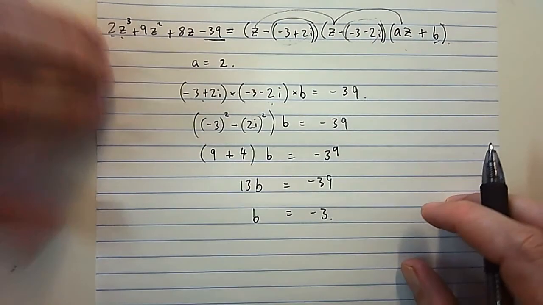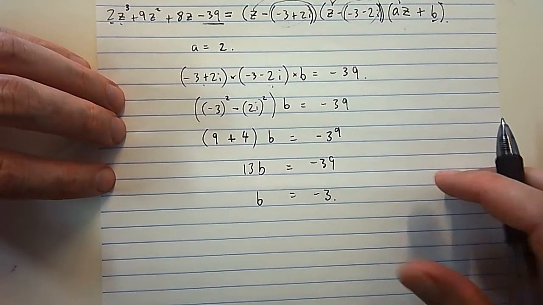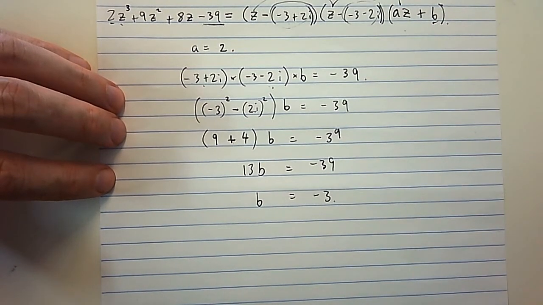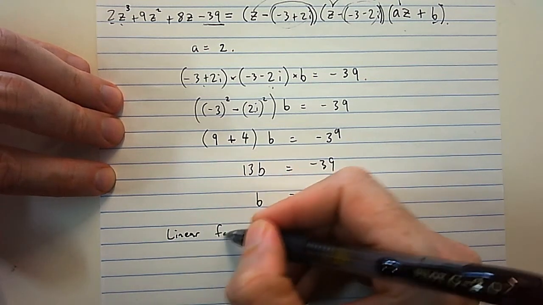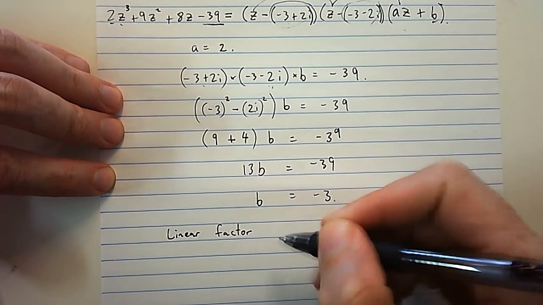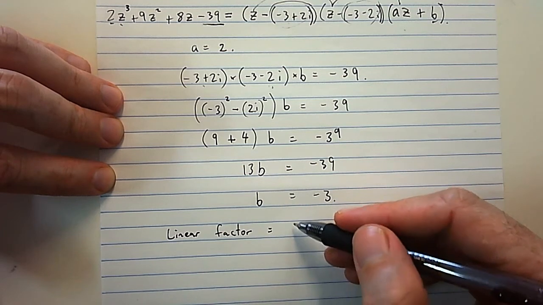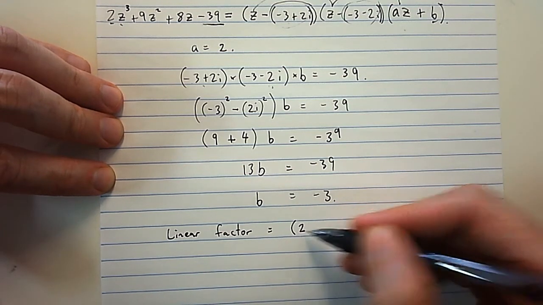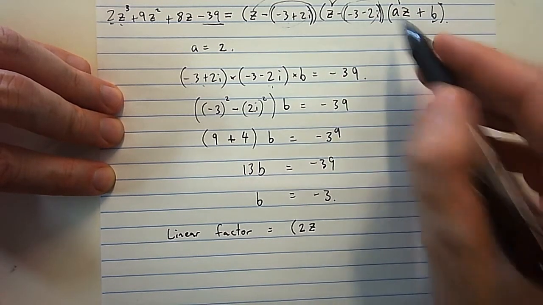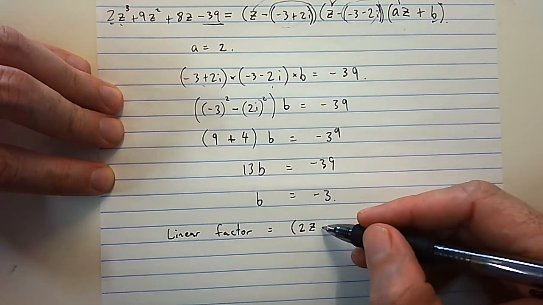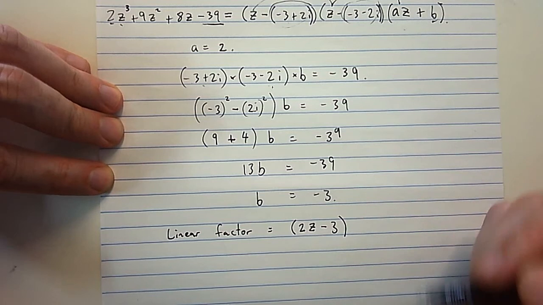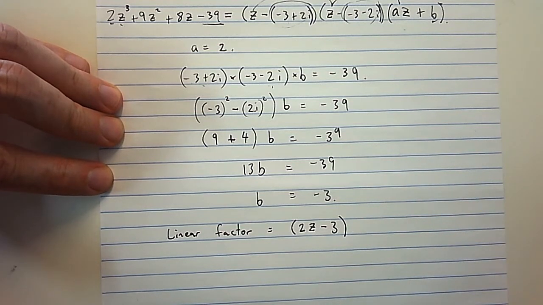So I've got my a value, I've got my b value, so I know that one of the linear factors is equal to a, which I worked out to be 2, multiplied by z, 2z, like we've got up here, plus the b value, so take away 3 in this situation. So that's the other linear factor that we worked out.